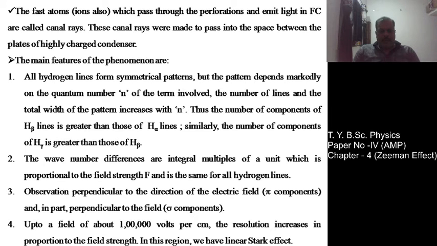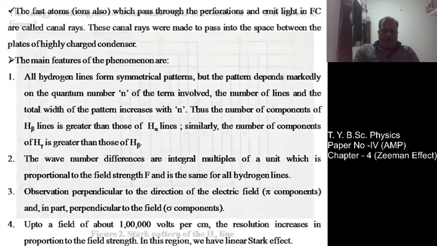The third is observation perpendicular to the direction of the electric field, that is the pi components, which we have to show in the next diagram, and in the part perpendicular to the field, the sigma components. Fourth, up to a field of about 1 lakh volts per centimeter, the resolution increases in proportion to the field strength. In this region, we have the linear Stark effect.